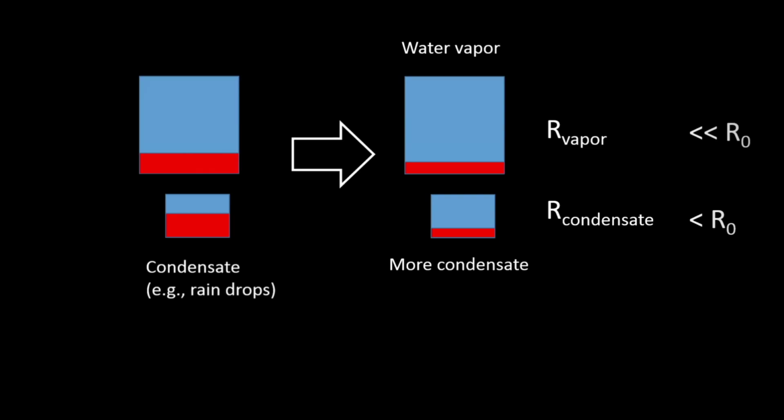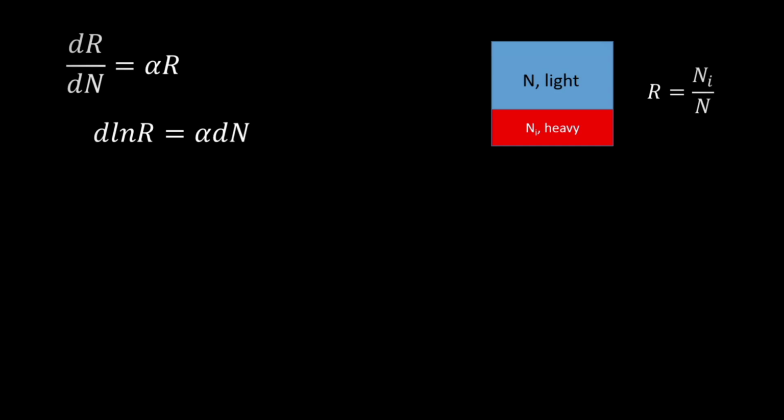We can do this quantitatively as well. What we're after is figuring out how the isotope ratio of the vapor changes relative to the amount of water that's removed as condensation or as precipitation. So we can write down for our ratio, the ratio of heavy to light isotopes, that the change in the isotope ratio will depend on both the isotope ratio itself, but also the fractionation factor. We know that as precipitation is removed, the heavier isotopes are removed slightly preferentially.